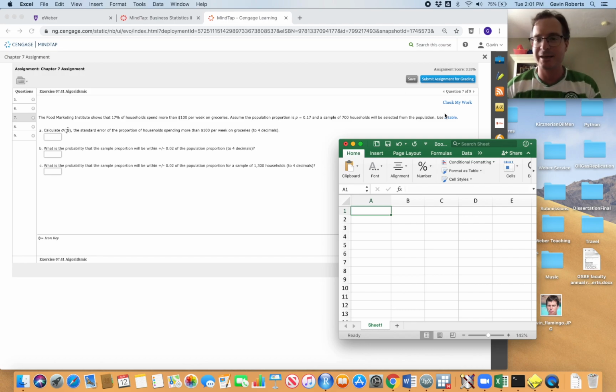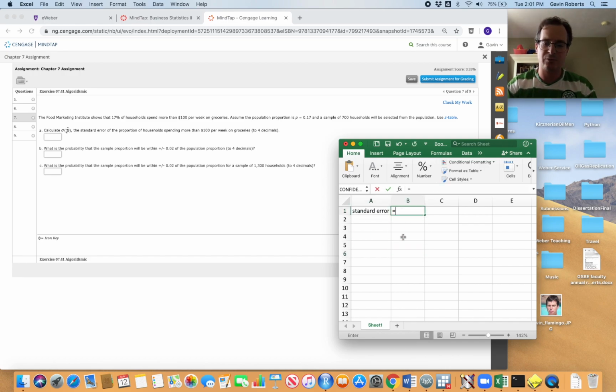Use the Z table. We're not going to use the Z table because we're going to use the sweet calculator. So the first thing it wants us to do is calculate the standard error of the sample proportion. And we know how to do that. So we're going to type standard error right here.